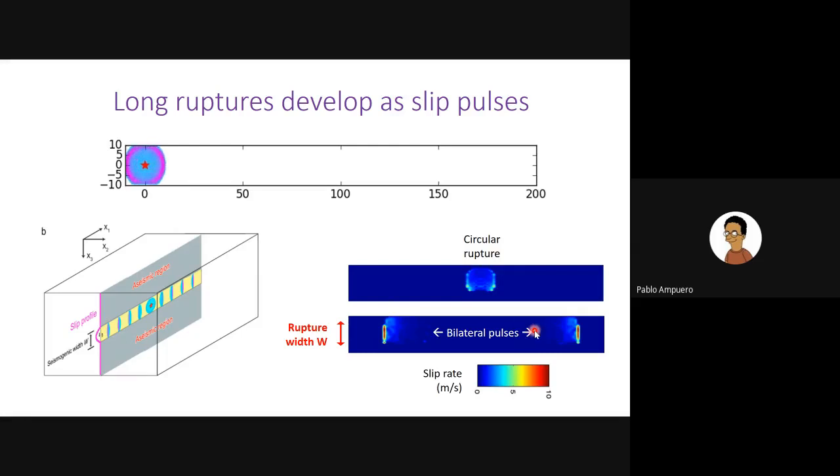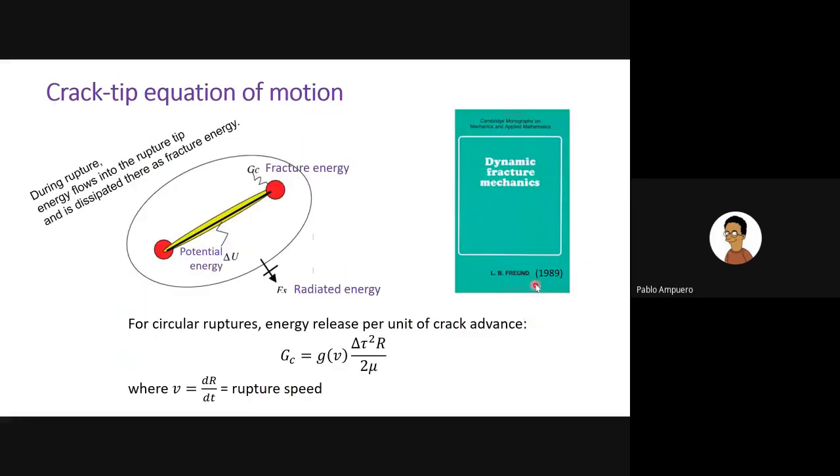Now, for circular ruptures, there is a good amount of theory out there. And this was well established by the end of the 90s. And there's this very comprehensive book on dynamic fracture mechanics by Freund, published in '89. The basic concept behind our understanding of fracture mechanics is energy, an energy balance. So during rupture, the energy that has been stored before the earthquake by elastic deformation, so that's a potential energy.